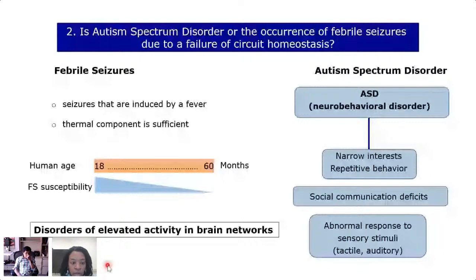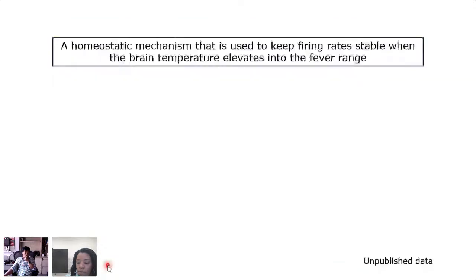We want to understand how much of this elevated activity in brain networks could be due to a failure of circuit homeostasis. For many of us, when we think of a parameter that is homeostatically regulated, we think of body temperature. So today, I will define a homeostatic mechanism that the brain uses to keep firing rate stable when the temperature elevates into fever range.